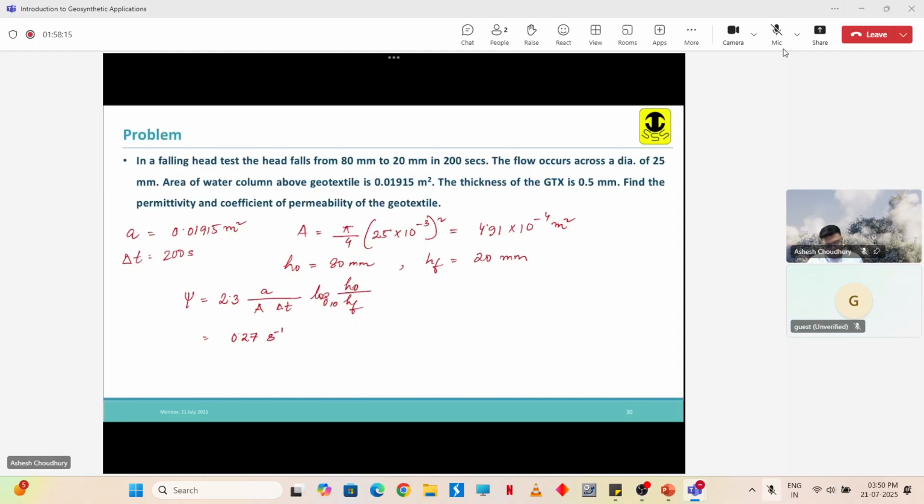Now how to find the permeability? Multiply by T.